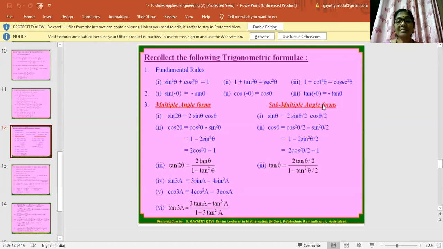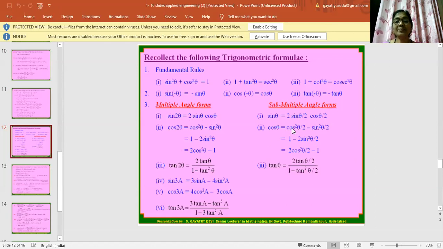Submultiple forms. These are from multiple forms only. When you have 2 theta, you are going to get theta and theta. If this itself is theta, you are going to get theta by 2, theta by 2. So the forms are modified. Sin theta equal to 2 sin theta by 2 into cos theta by 2.